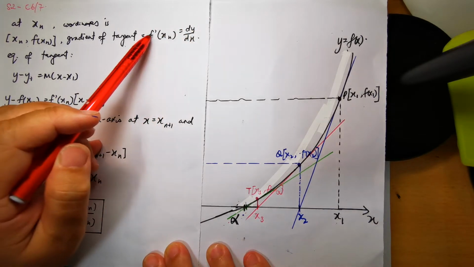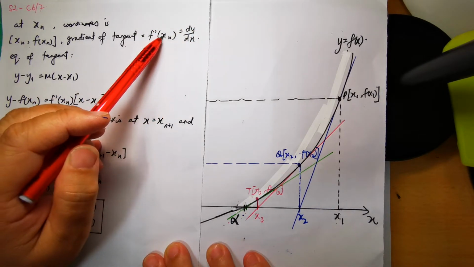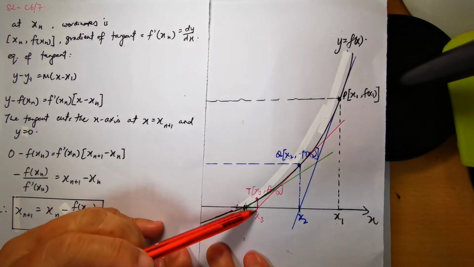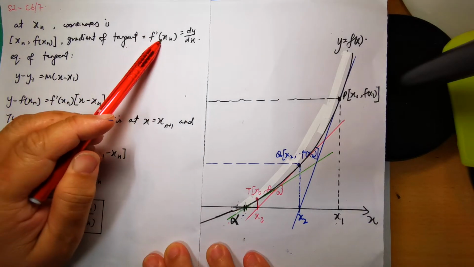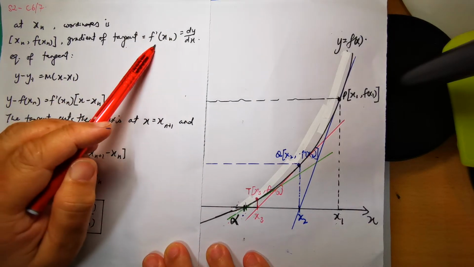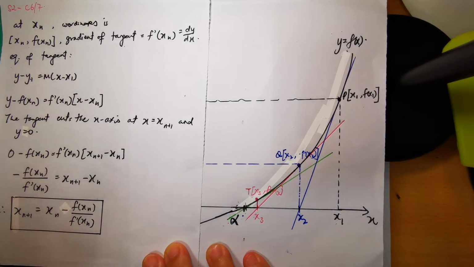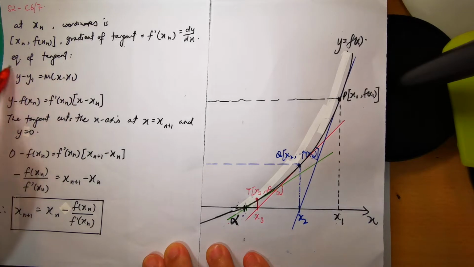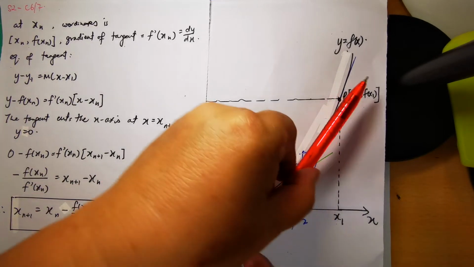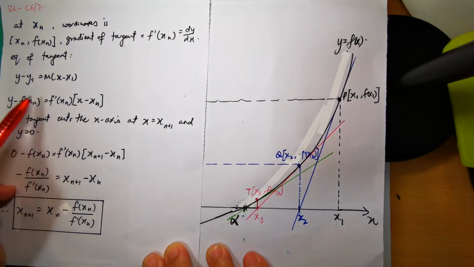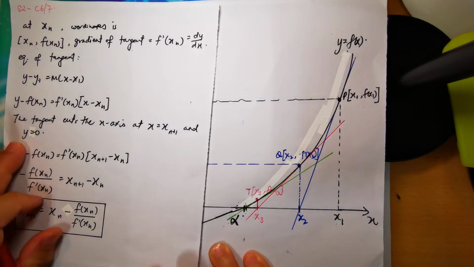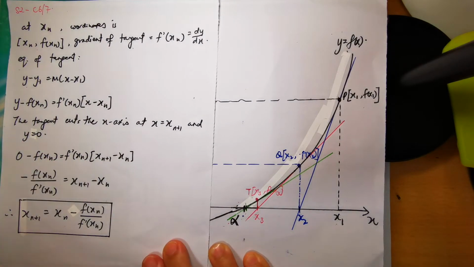We differentiate the function, which is f prime x, and we sub in the value of x inside the f prime x to get the gradient of the tangent. Therefore, the formula actually comes from the equation of all these tangents. Remember the coordinate geometry you have learned in Sem 1.